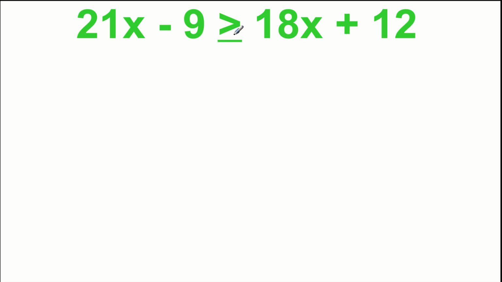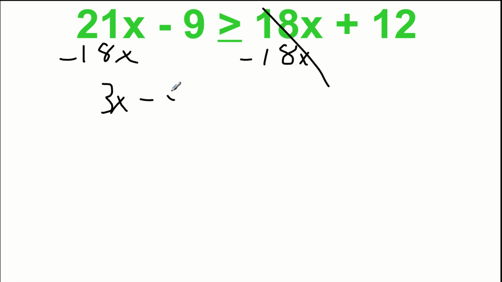So when we move the lower one, we're moving that 18. It was a positive 18, so we subtract 18 from each side, or 18x from each side. Those cancel out. 21x minus 18x is 3x. We got minus 9 greater than or equal to 12.